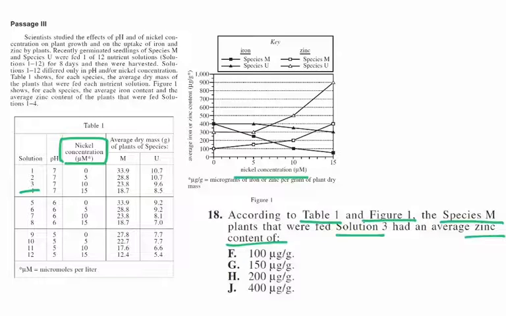So the nickel concentration is 10 of solution 3 plants. So if we go to 10 and scroll up from 10 and then over to the zinc content, we get to about 100. So the answer is choice F. Let's make that a little better circle.